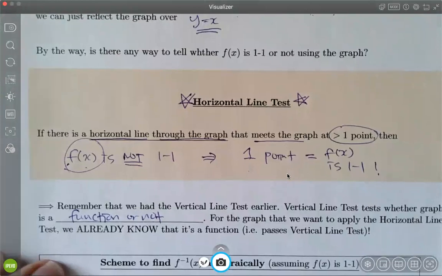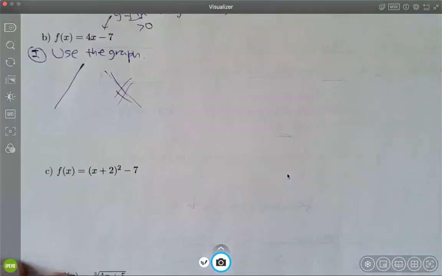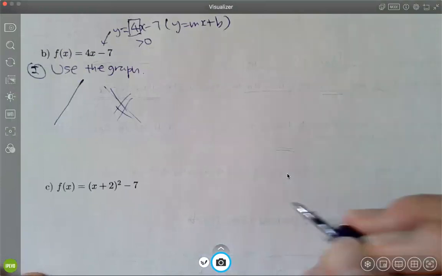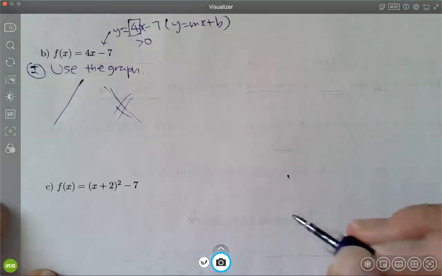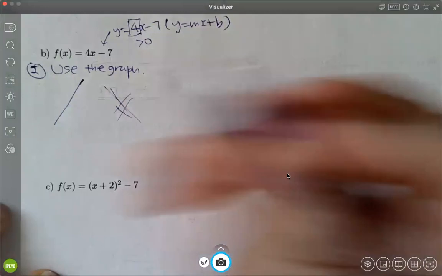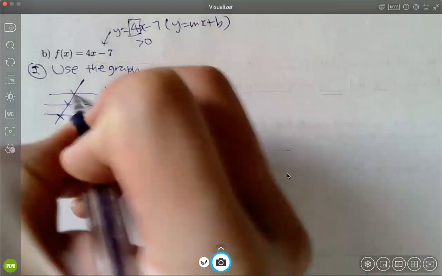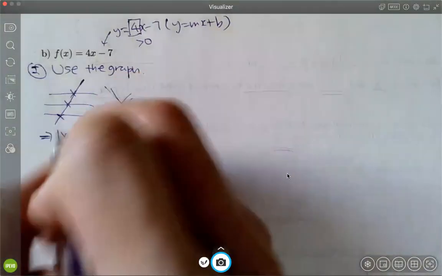And the answer is yes, the horizontal line test. So does this line pass the horizontal line test? Yeah, because no matter which horizontal line you draw, it passes the graph at exactly 1 point, right? Okay, so yes, because of the horizontal line test.